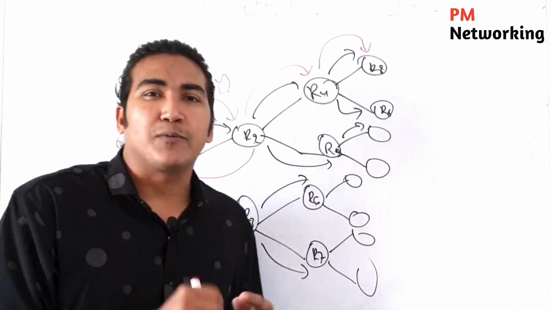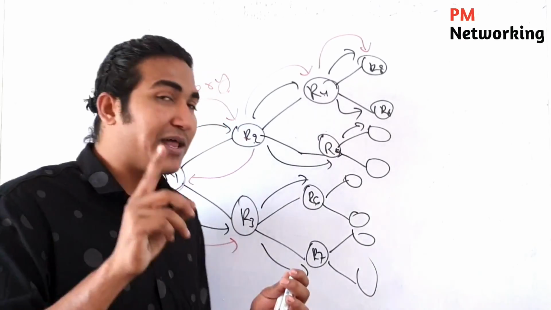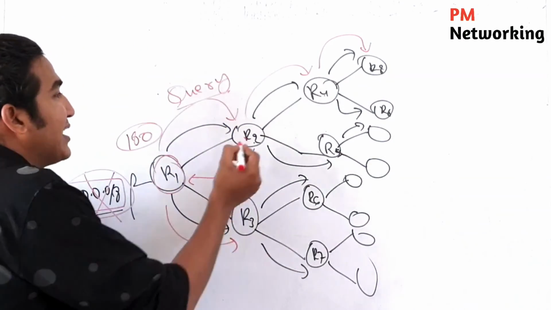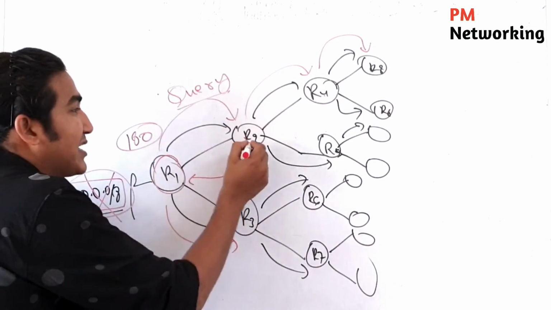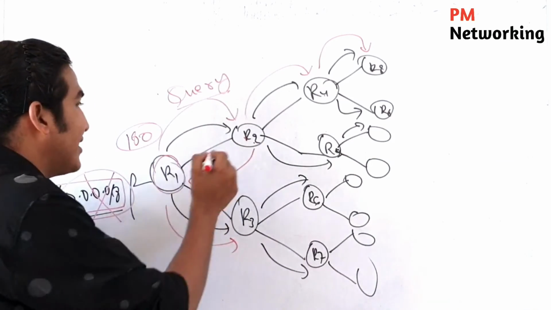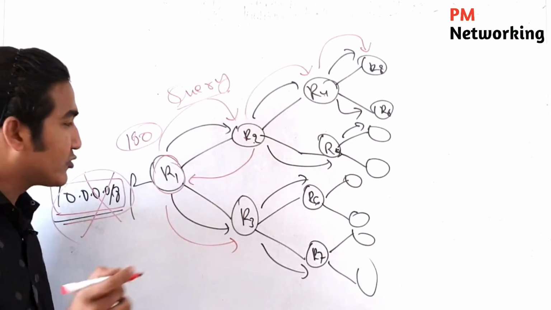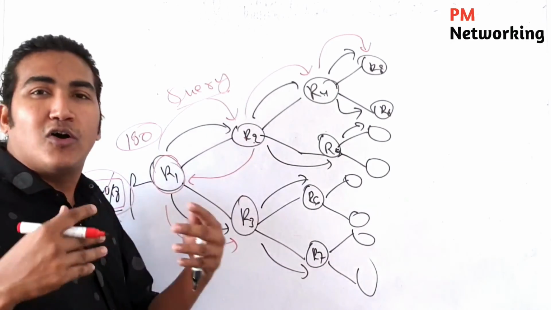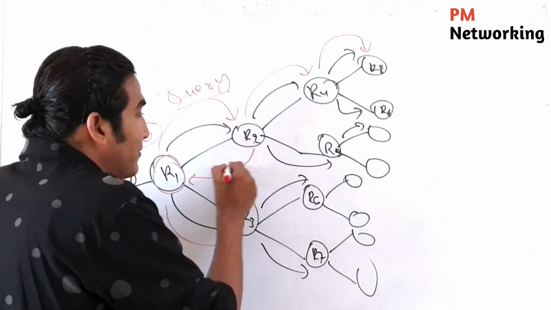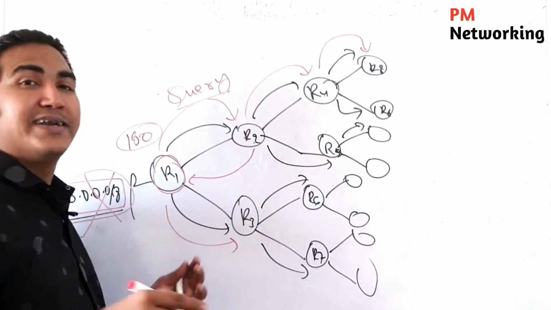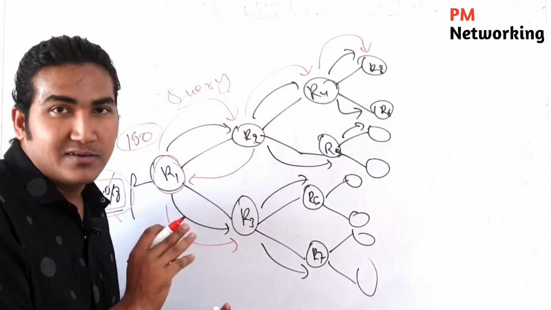So there are two types of reply message. First one is positive reply and second one is negative reply. If this router has a path, then it will send a positive reply, right? This router will send the alternate path to R1. If this router doesn't have an alternate path, this router will give one negative reply to R1, right?